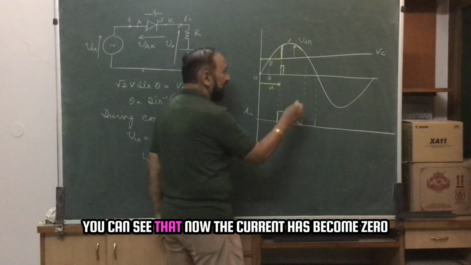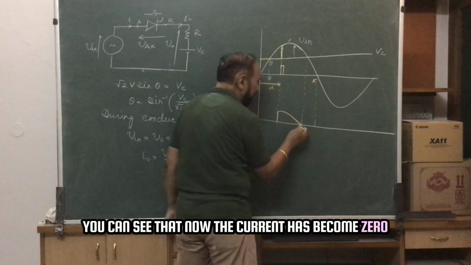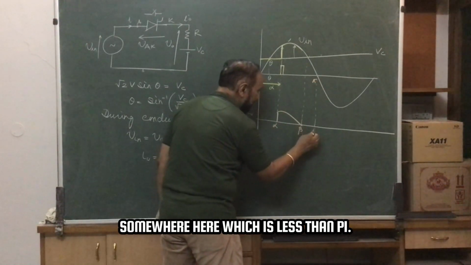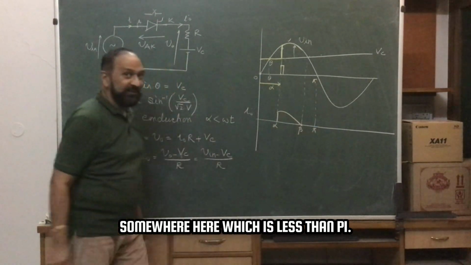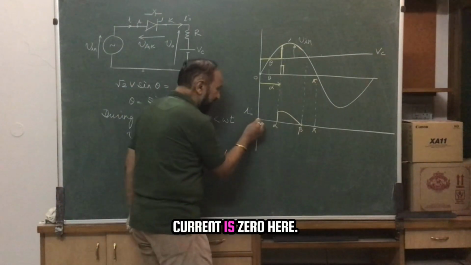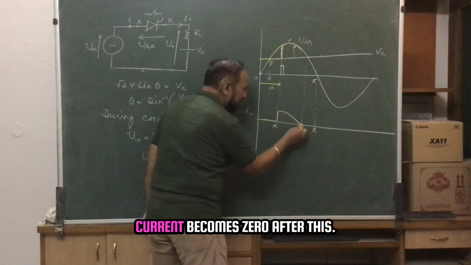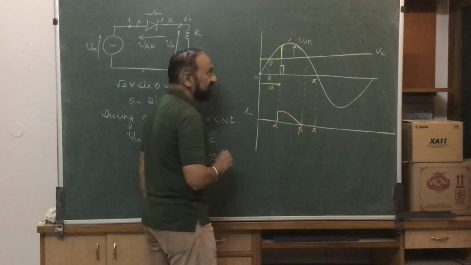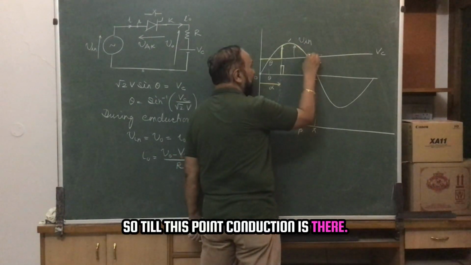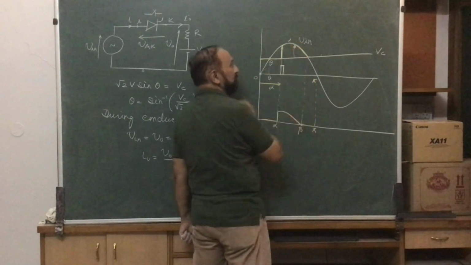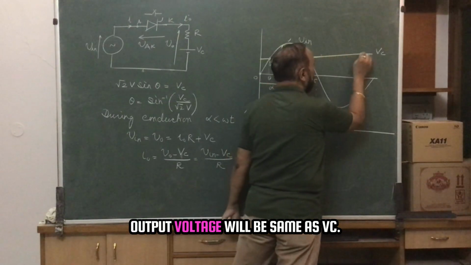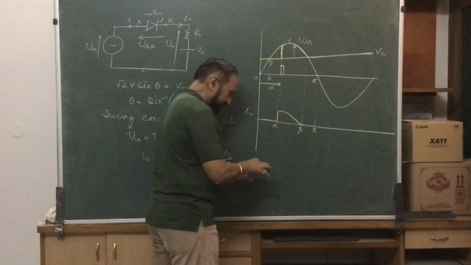You can see that now the current becomes 0 somewhere here, which is less than pi. Current becomes 0 after this. So till this point conduction is there. After that the conduction stops, output voltage will be same as VC.